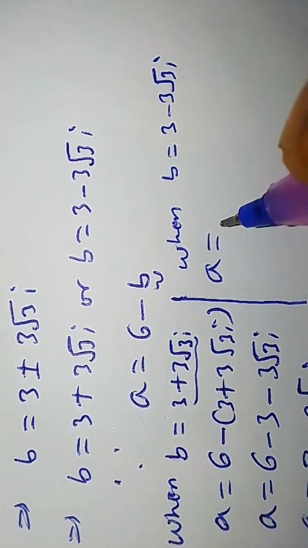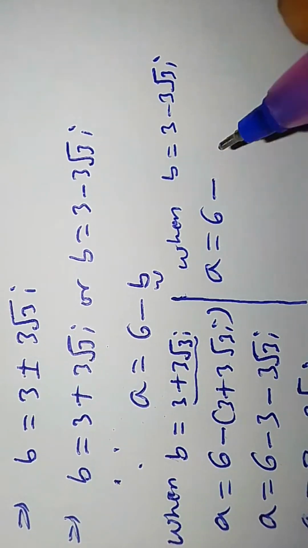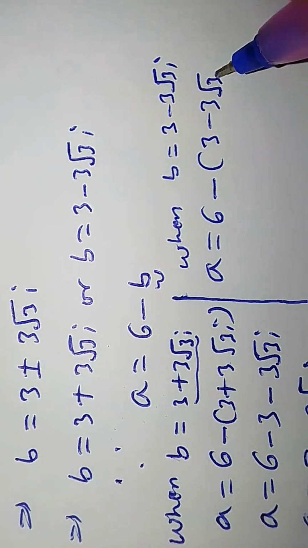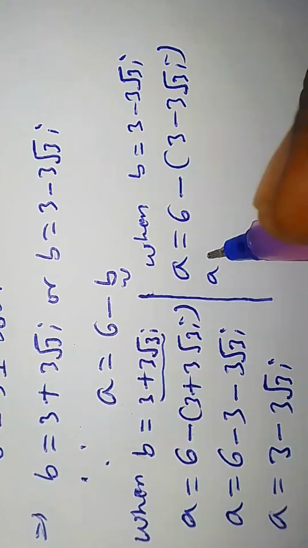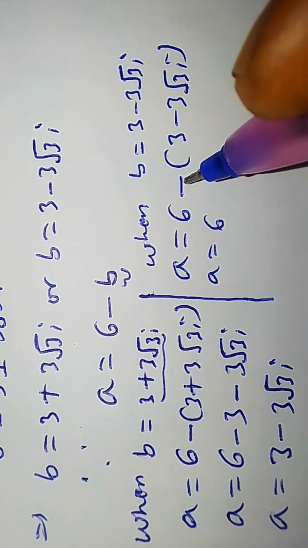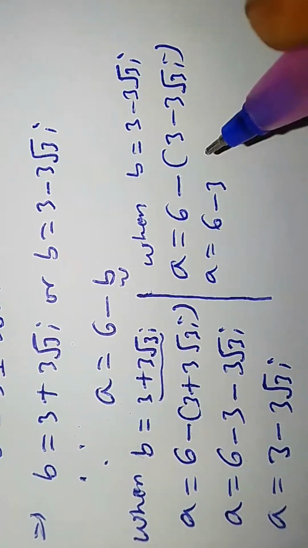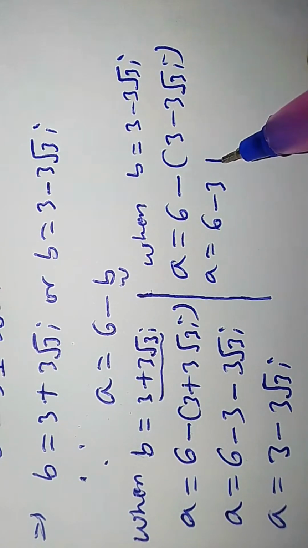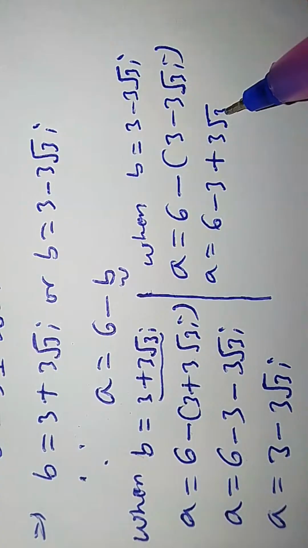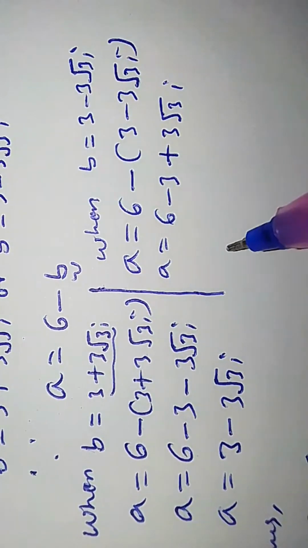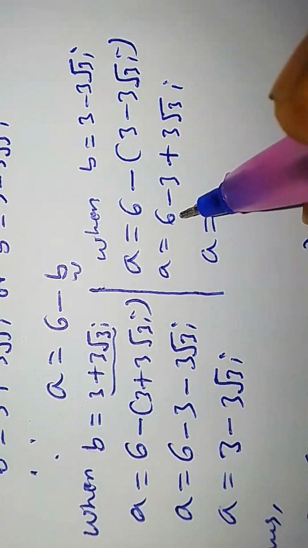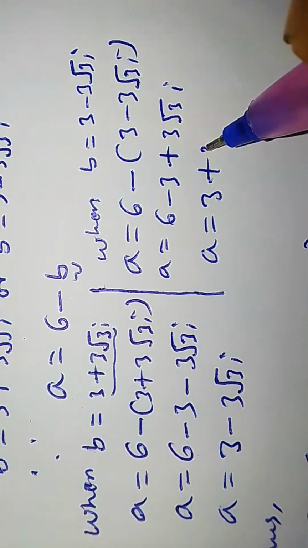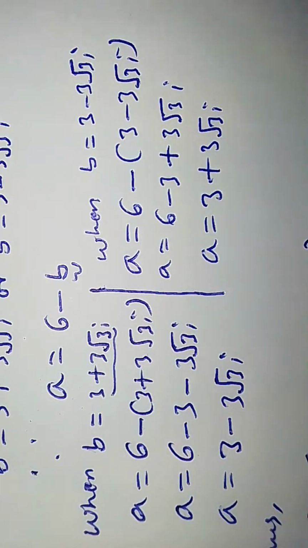We have a equal to 6 minus this 3 minus 3 root 3i. a equal to 6 minus times 3, that is minus 3, minus times minus 3 root 3i, that is plus 3 root 3i. So we have a equal to 6 minus 3, that is 3, plus 3 root 3i.